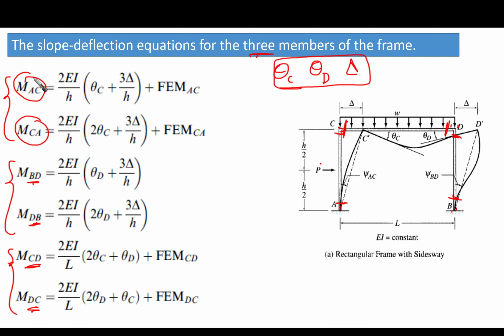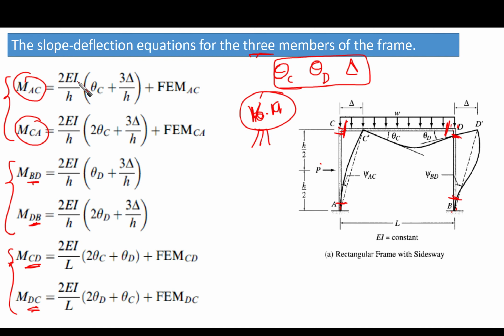So MAC equals, from the slope deflection equation, which is equation 16.19, I guess. You can visit this in the previous video.